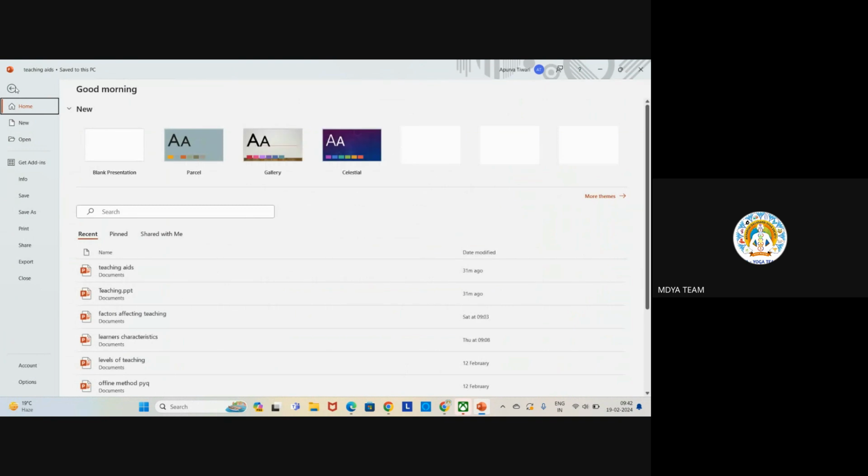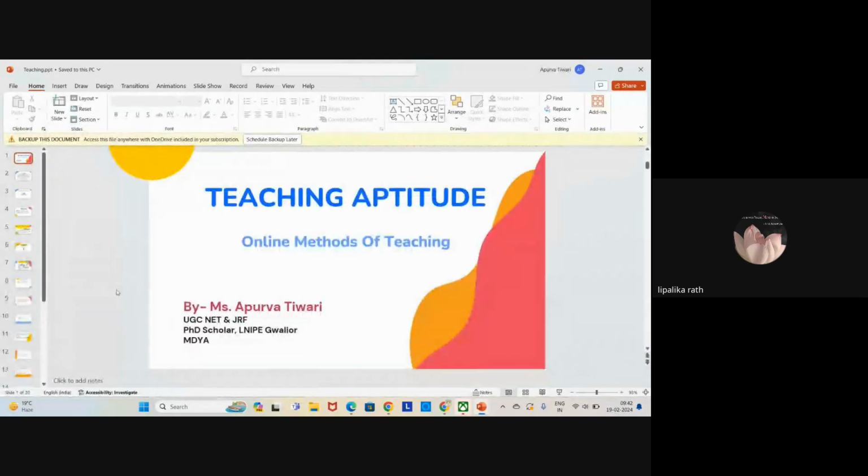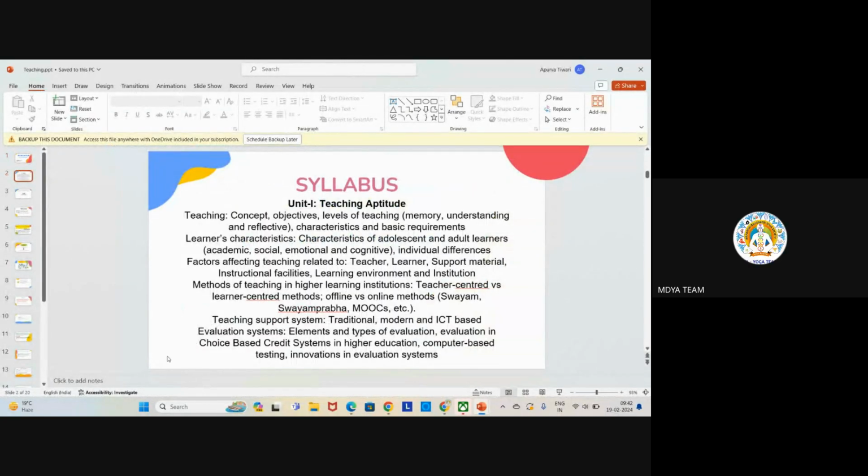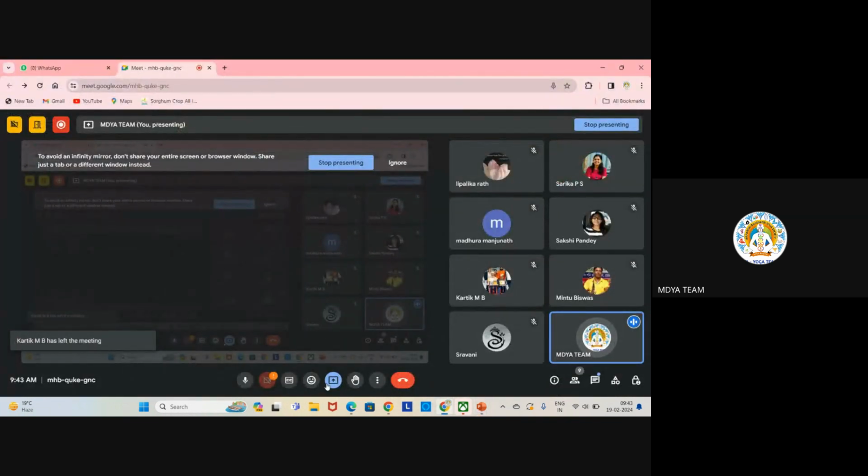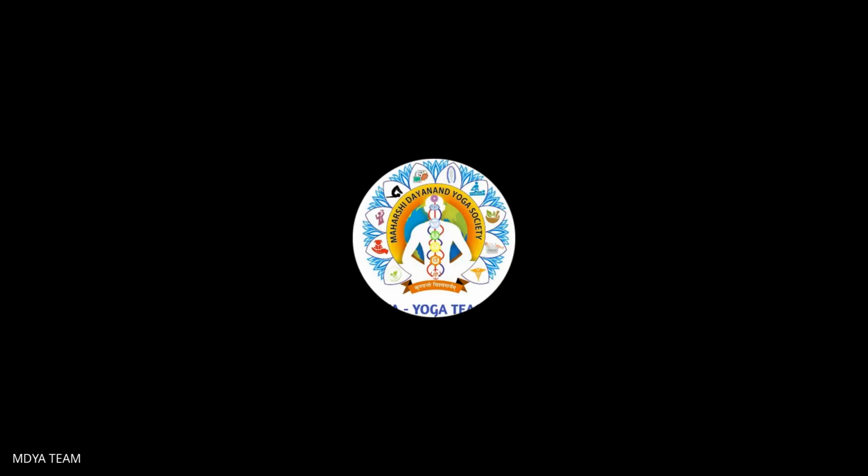Let me show you the syllabus once. Only the evaluation method is left, right? Yes. Today we have completed the teaching support system: traditional, modern, and ICT based. Tomorrow we will study the evaluation system. After the evaluation system, one more thing is left: you have seen the questions from Bloom's taxonomy.